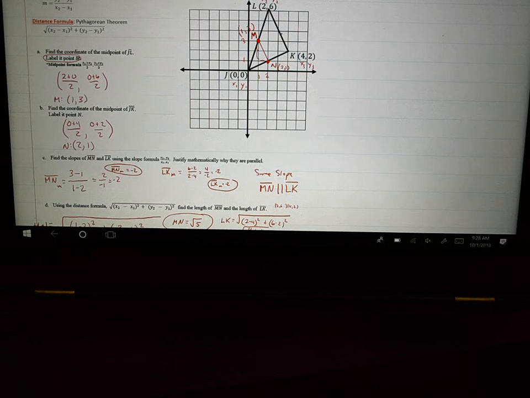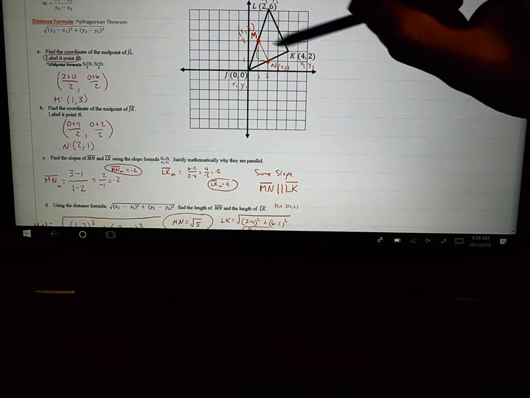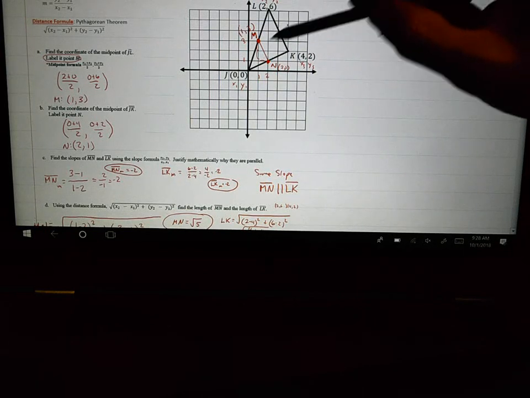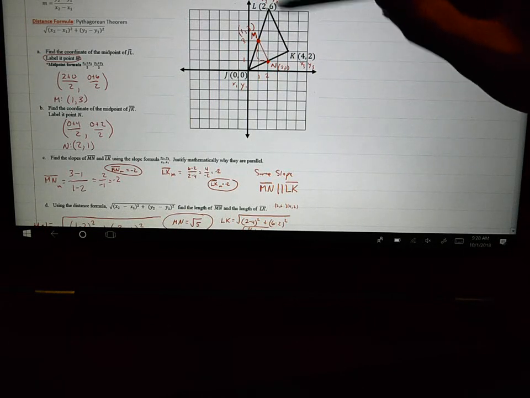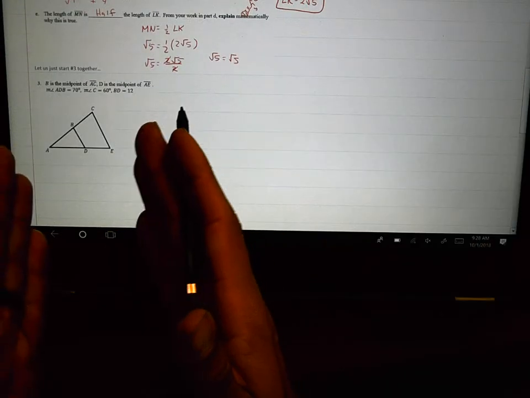Because this red line is a midsegment, it is parallel and it is half of the side it is parallel to. We can use that to solve problems.